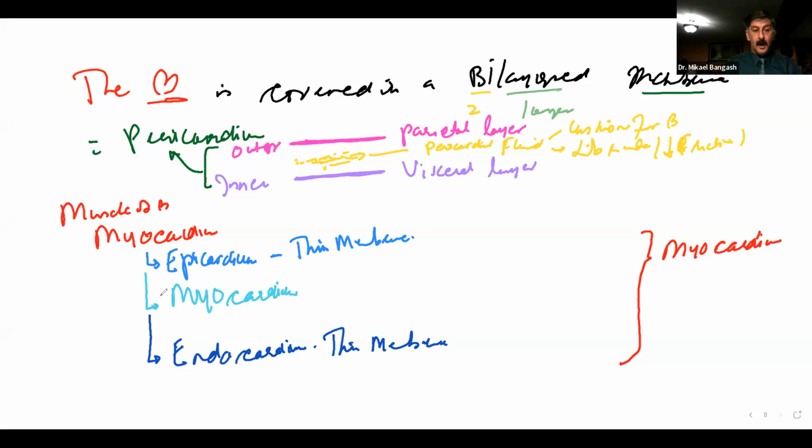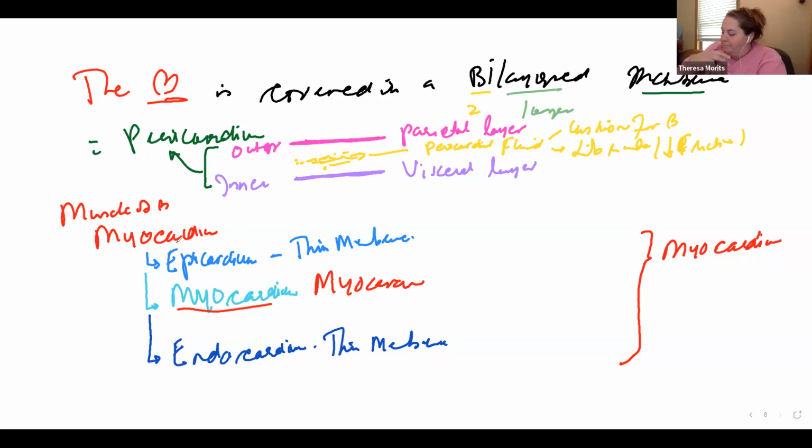And this myocardium, as we wrote here, is just the actual bulk of muscle of your heart. Did you guys get that?